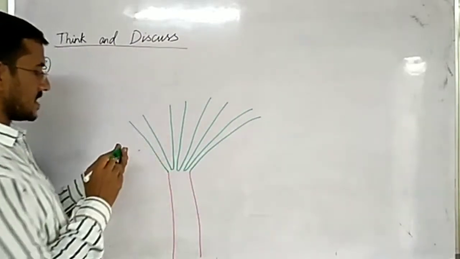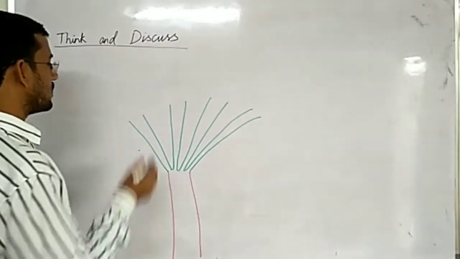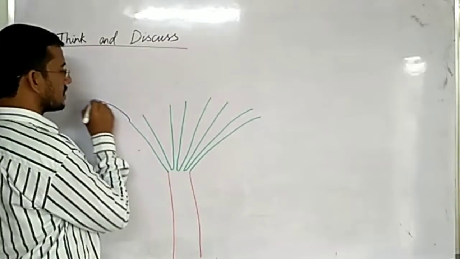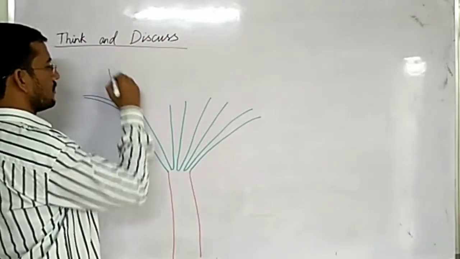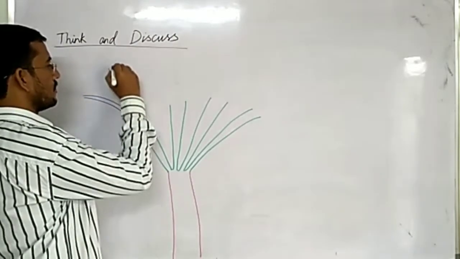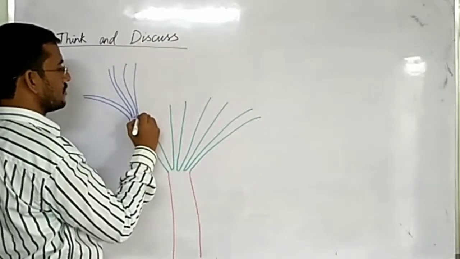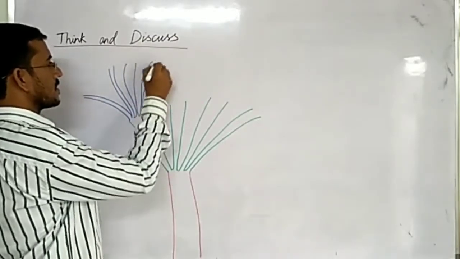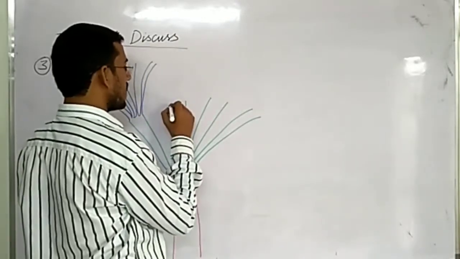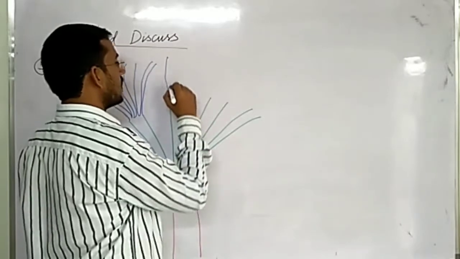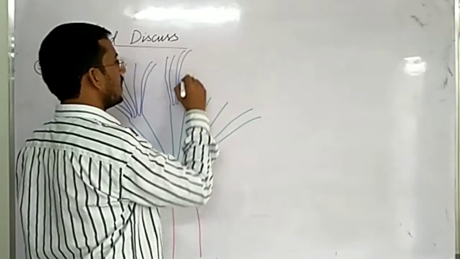Now these arteries divide into many arterioles. So these arteries are again divided into many arterioles.